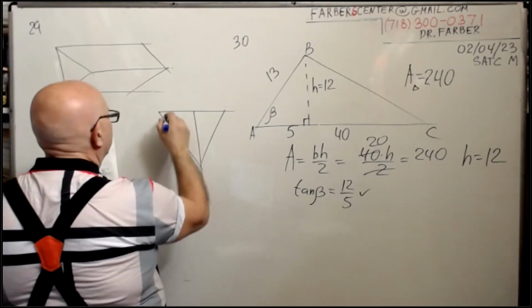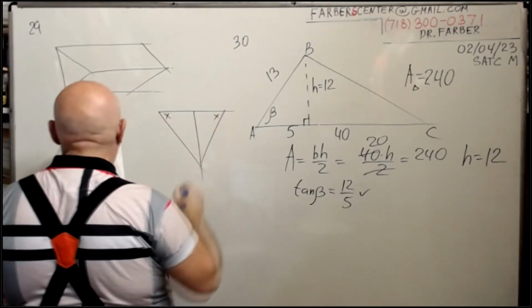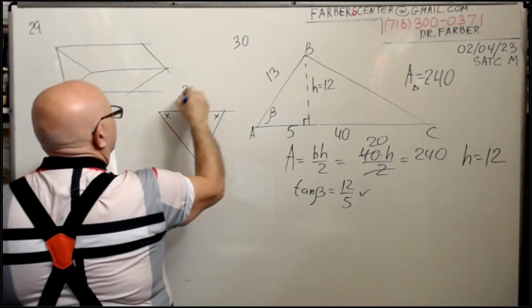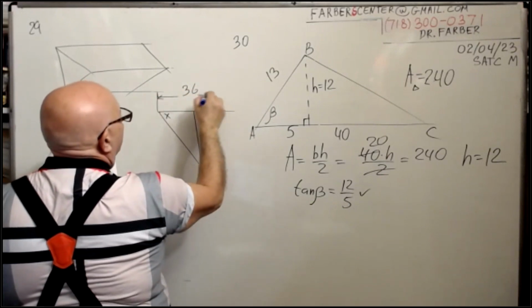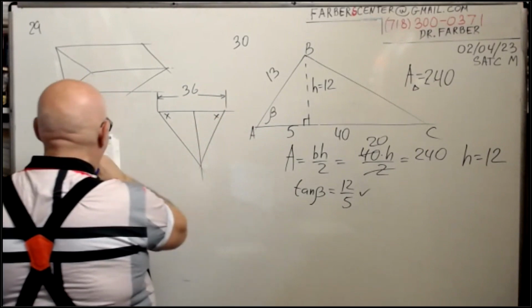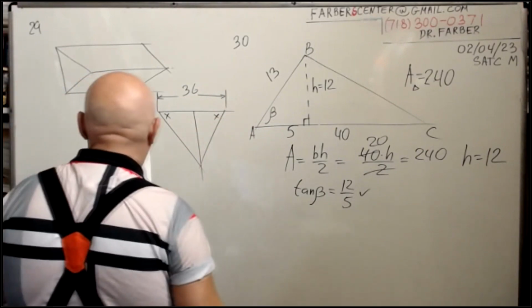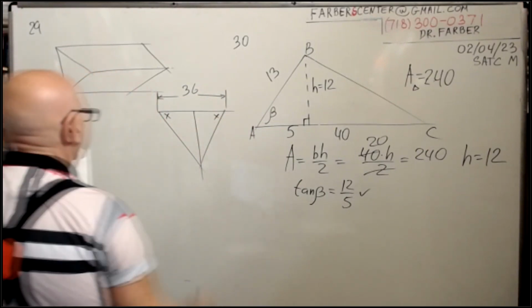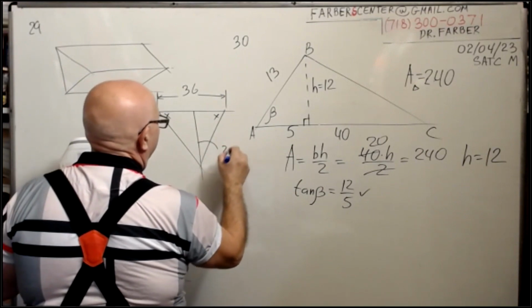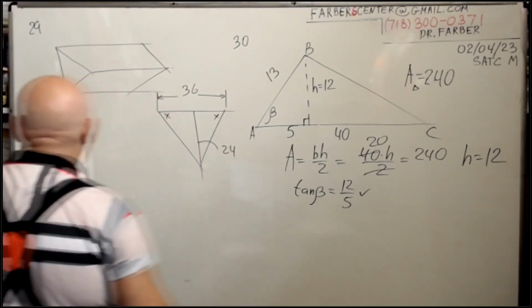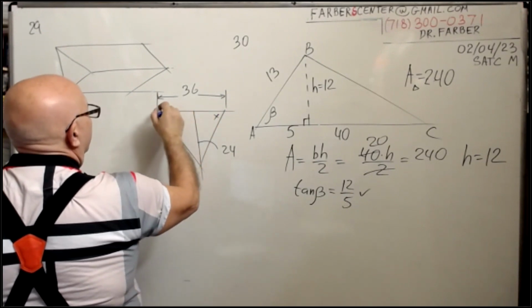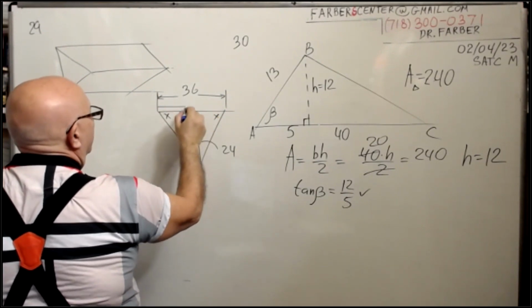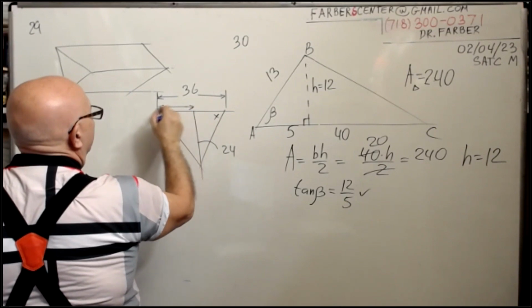And this x, this is 36. And this is 24. In the 36, this must be symmetrical. The base angles are the same, an isosceles triangle, this 18 and 18.